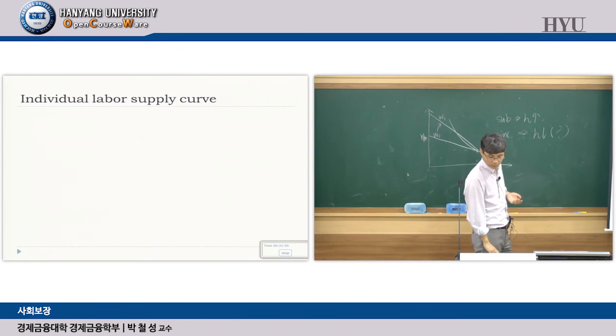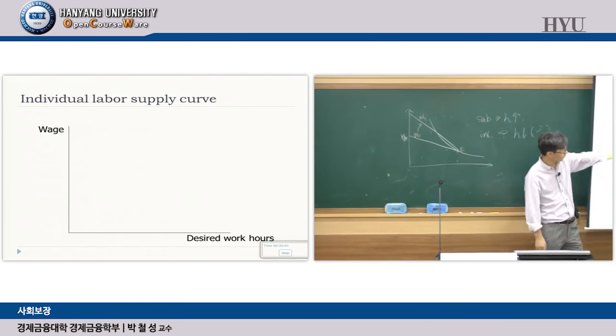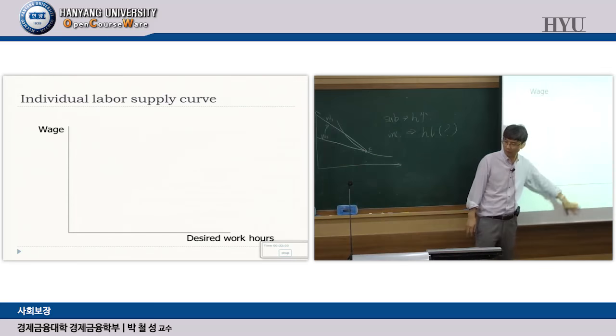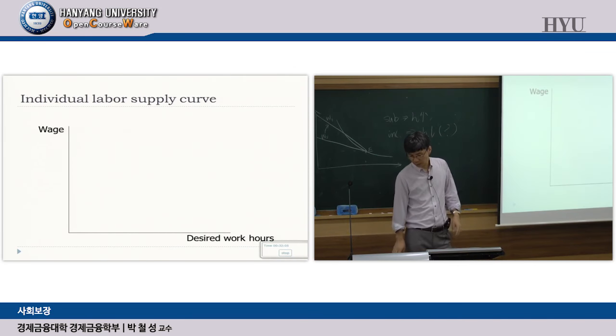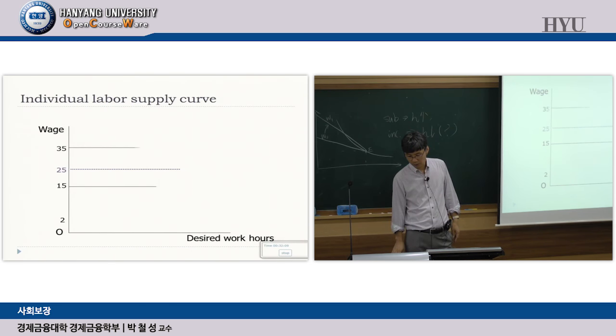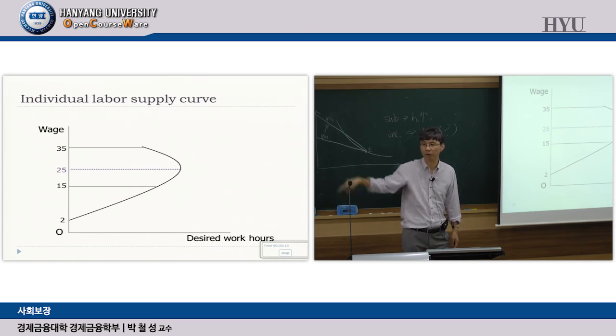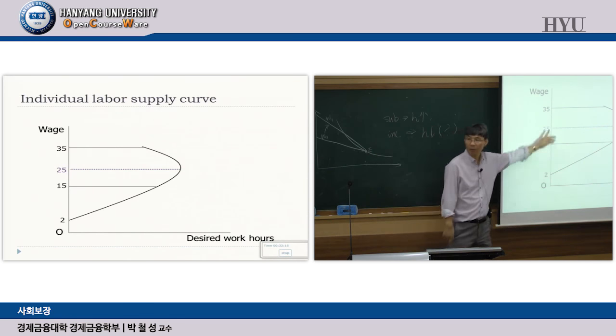So if you draw a diagram showing the wage rate and the desired work hours, what we get is the labor supply curve. What we do is figure out the individual's choices, then map them in this diagram.